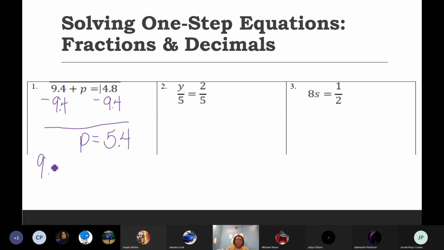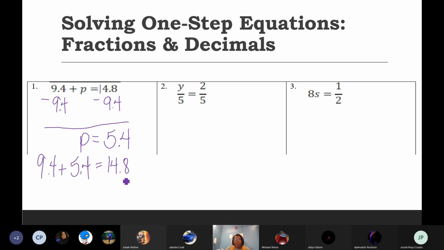So in other words, if I wanted to substitute that back in to check my work, I would just replace P with 5.4, and my sum here should be 14.8. Pretty simple with this one because we're just doing adding and subtracting. We just added a decimal in.